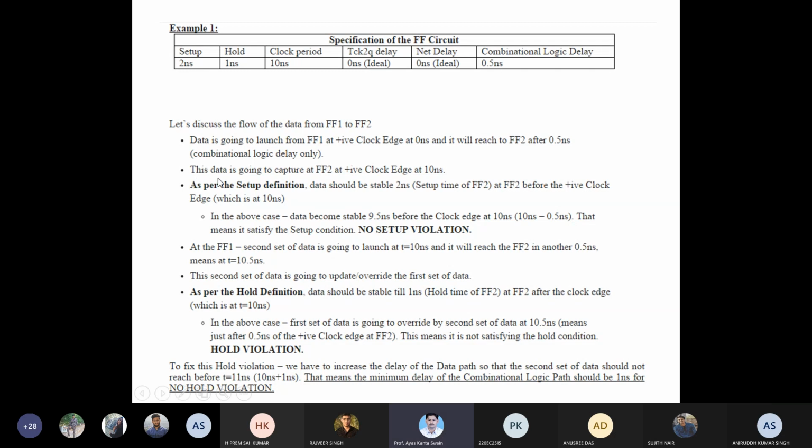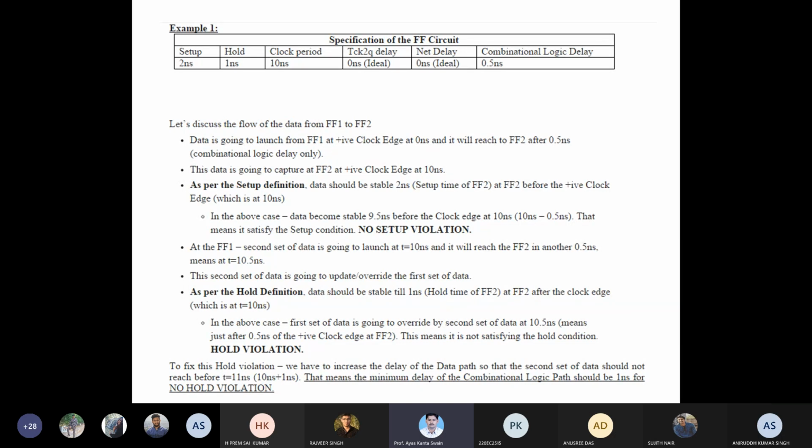Okay, now this data is going to be captured at FF2. It will be captured at the positive edge of 10 nanosecond, not at 0 nanosecond. The data is launched at 0, and the capture happens at the 10 nanosecond of the clock period, which is the next clock edge.